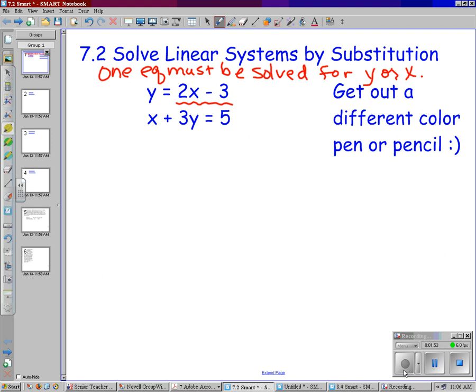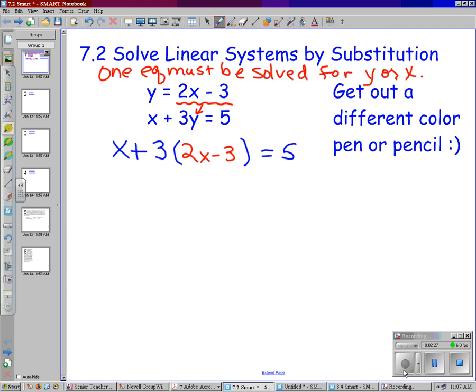Now, what we're going to do is substitute what y is equal to in the other equation for y. So I'm going to start writing the other equation as x plus 3 times what y is equal to from the first equation, that 2x minus 3.